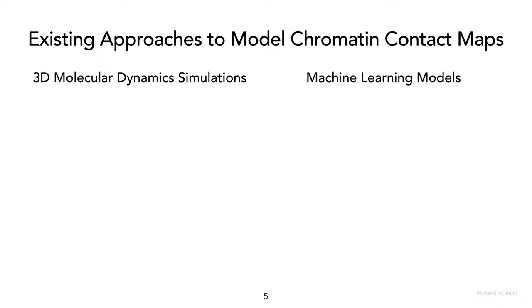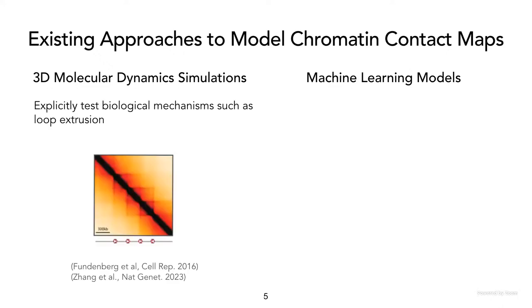The two primary ways we can investigate these contact maps computationally are either with 3D molecular dynamics simulations or with machine learning models. 3D molecular dynamics simulations explicitly test biological mechanisms such as loop extrusion, or, as has been shown recently, for example, how loop extrusion interacts with the transcription process.